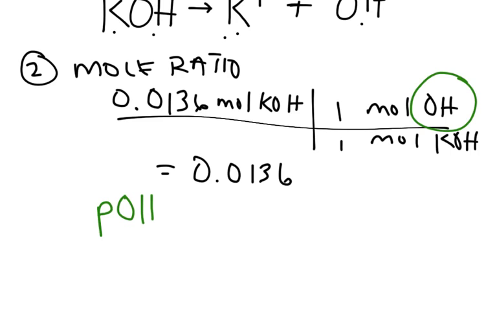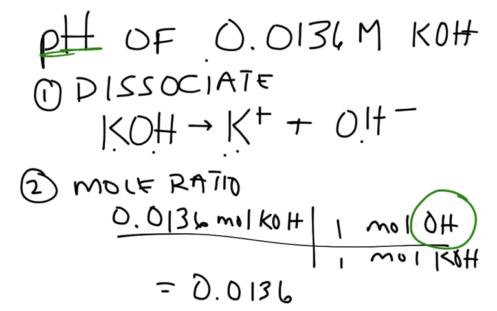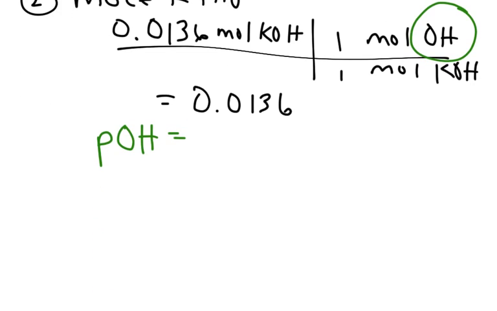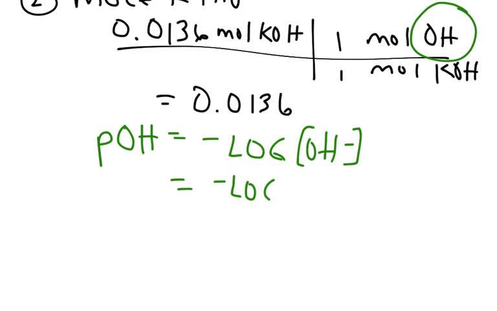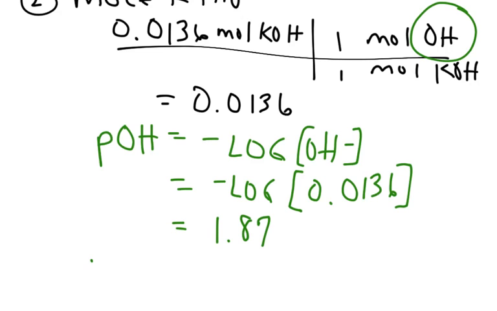You cannot just plug that into your pH formula, even though the original problem asked you for pH. The pH formula can only use acid. So I have to find my pOH by taking the negative log of the hydroxide's concentration. That would be the negative log of 0.0136, which gives me a pOH of 1.87.